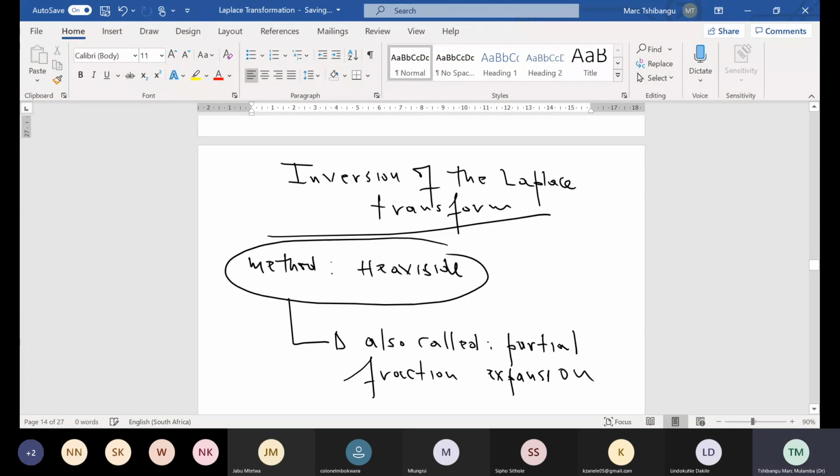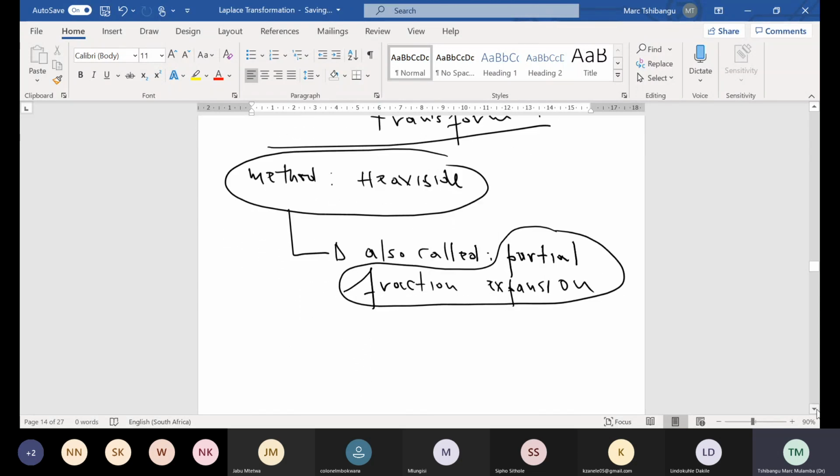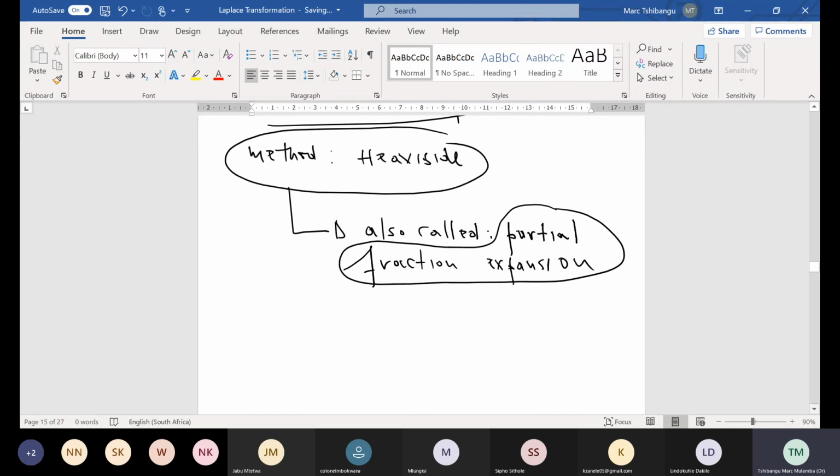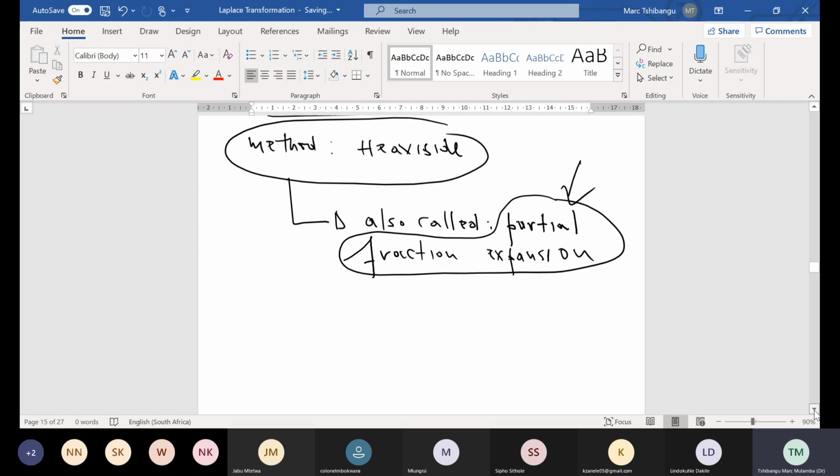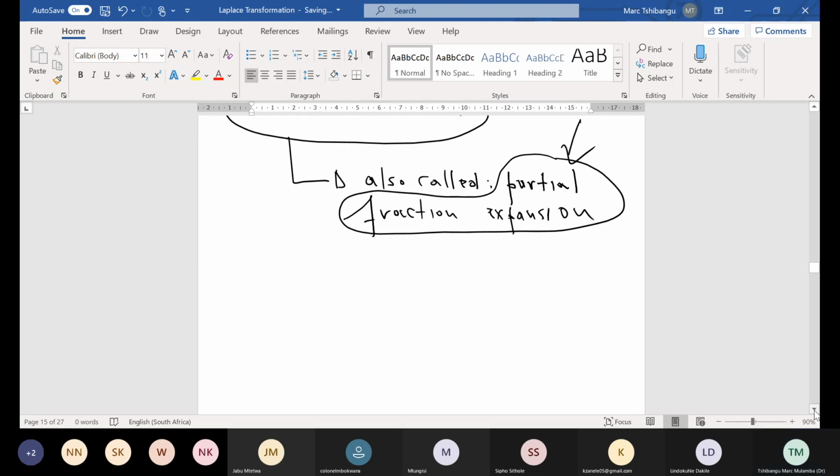I will use partial fraction expansion more often than Heaviside. So to invert the Laplace transforms, you're going to use the partial fraction expansion. I'm sure it rings a bell. You have used it somehow, somewhere in the past.